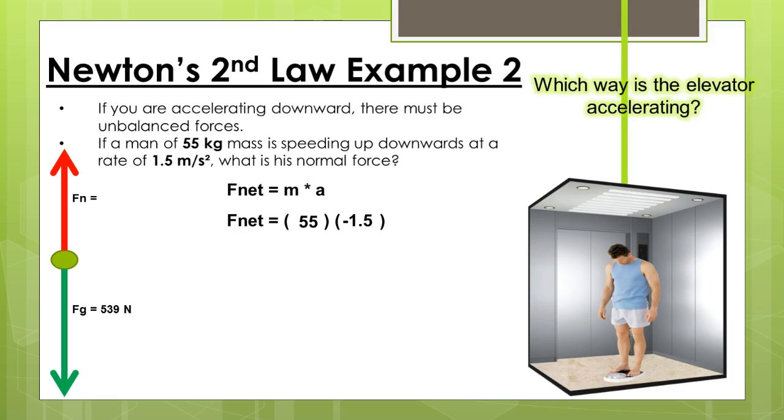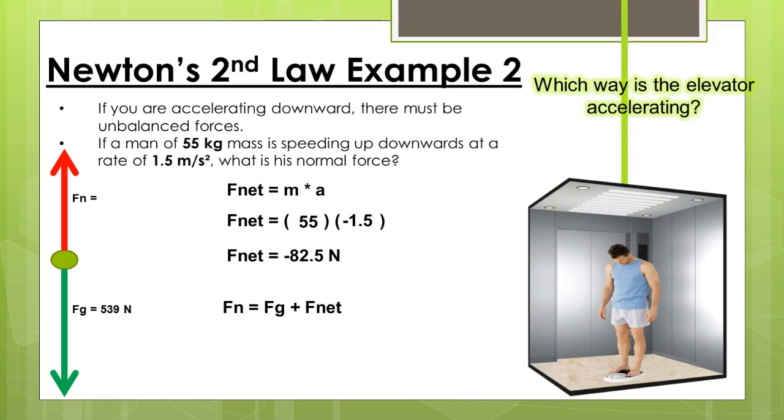Because when we multiply a positive 55 mass times a negative 1.5 acceleration, we end up with a net force of negative 82.5 newtons. At this point, I can create a balanced force equation. Gravity could be balanced out if we take the normal force plus the net force.